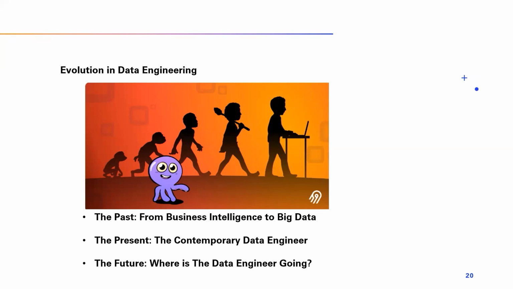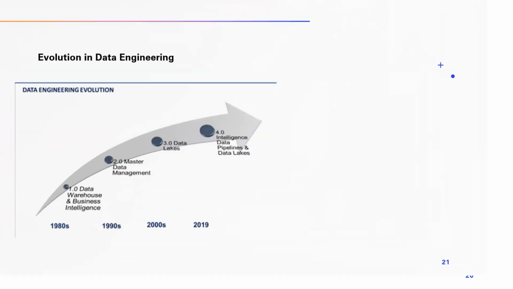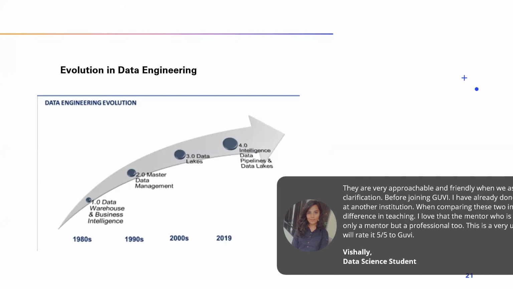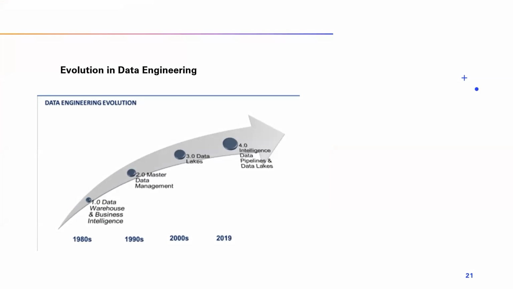So let's move to the next slide. Yeah. So in this diagram, you can see data engineering started around the 80s, and initially everybody started building data warehouses for themselves without knowing the value of it.